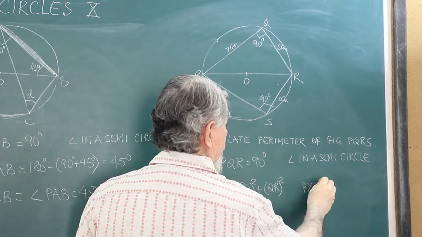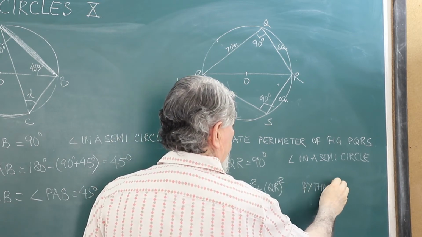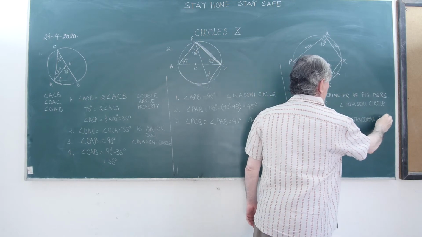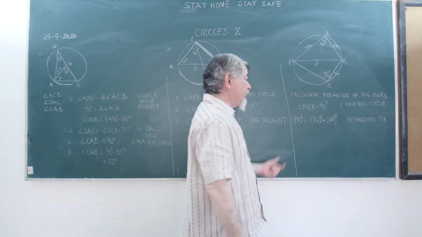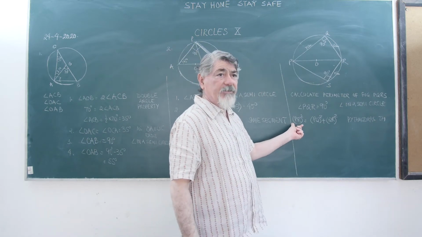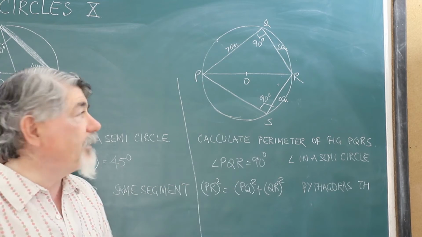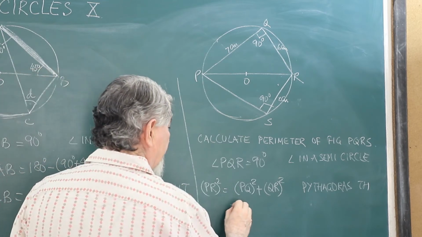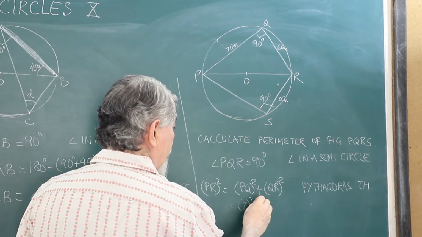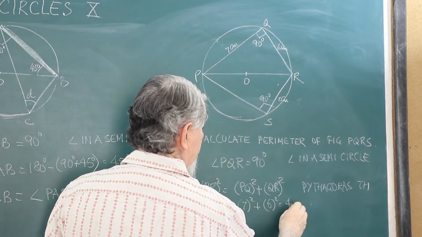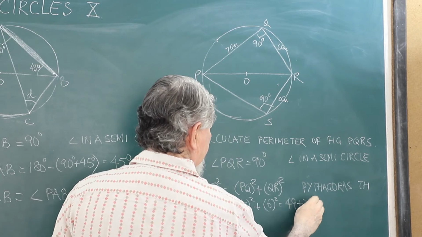Pythagoras theorem states that the square described on the hypotenuse is equal to the sum of the squares described on the remaining two sides. So it will become 7 square plus 6 square, 49 plus 36.